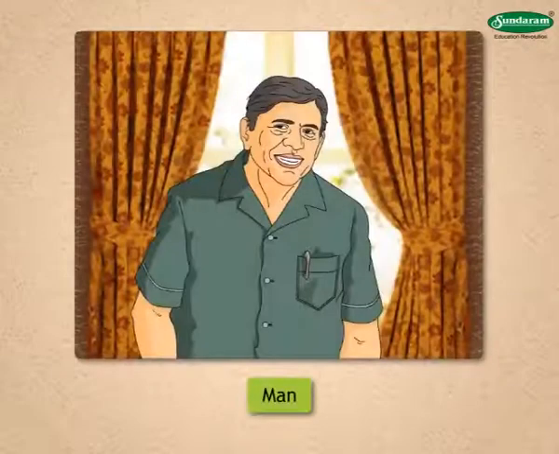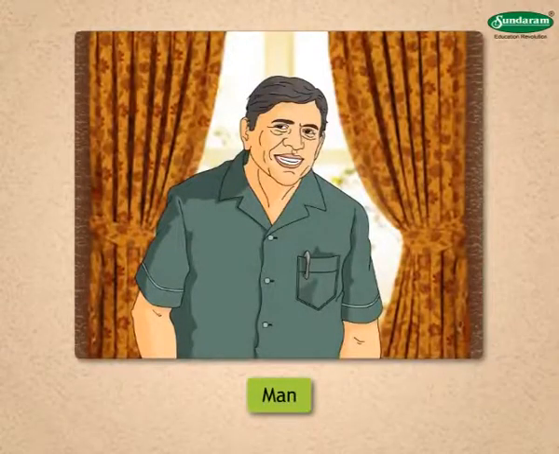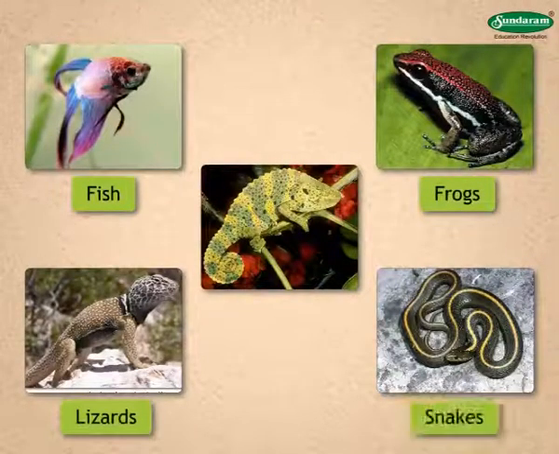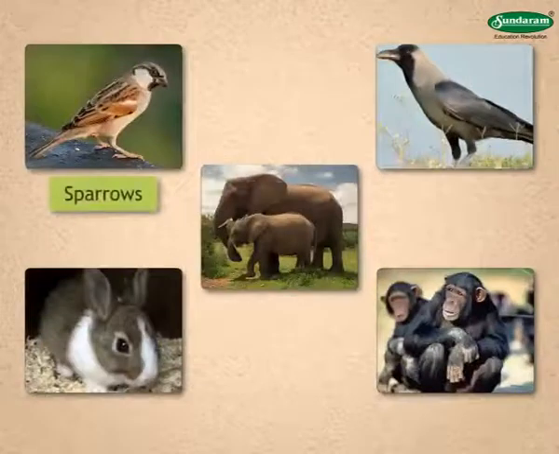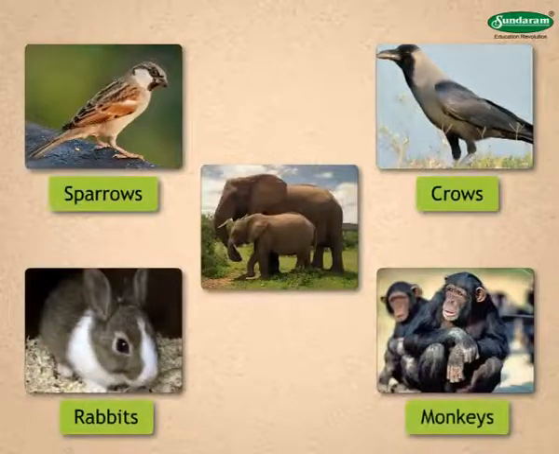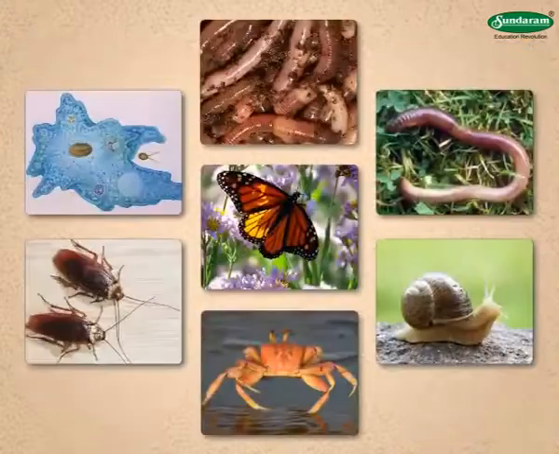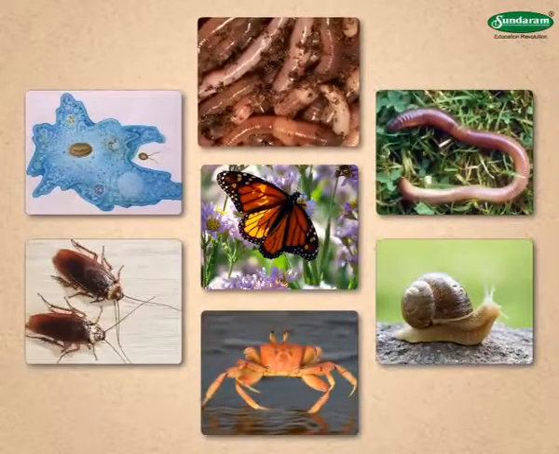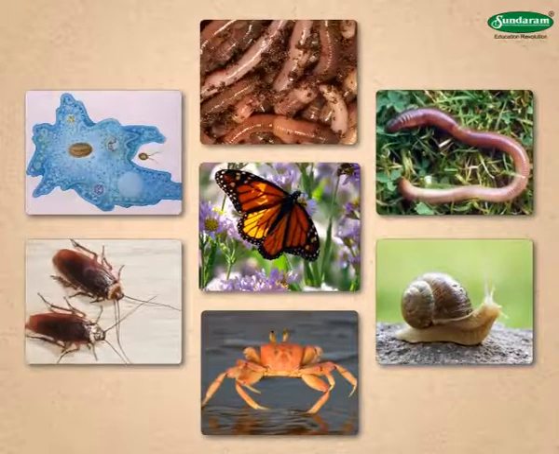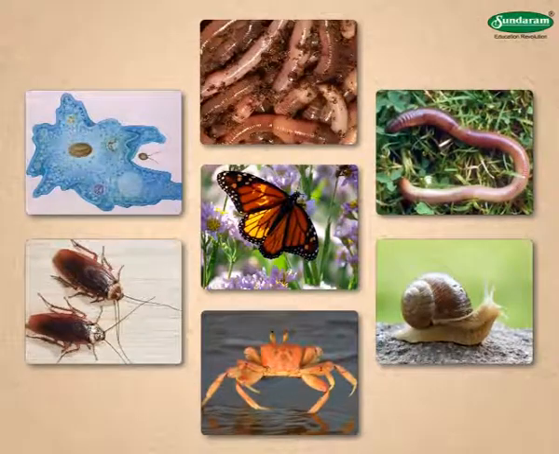Like man, some other vertebrate animals are fish, frogs, lizards, snakes, chameleons, sparrows, crows, rabbits, monkeys, elephants. Animals like amoeba, worms, earthworms, snails, crabs, cockroaches, butterflies do not have a vertebral column.